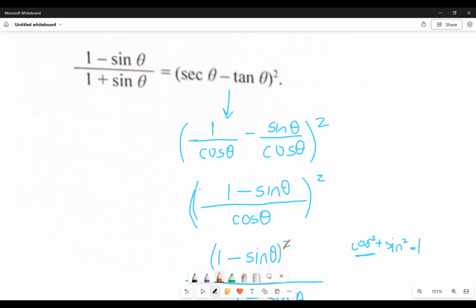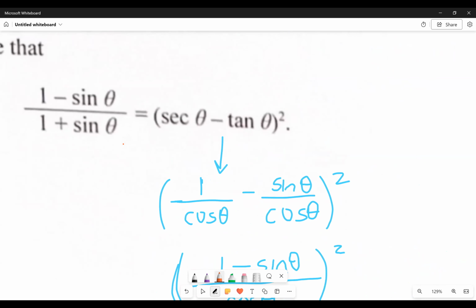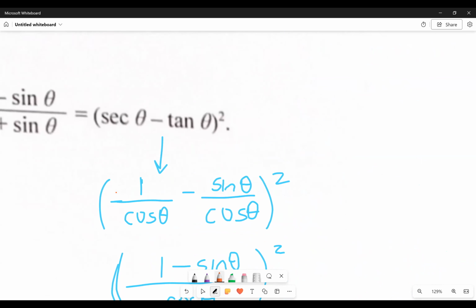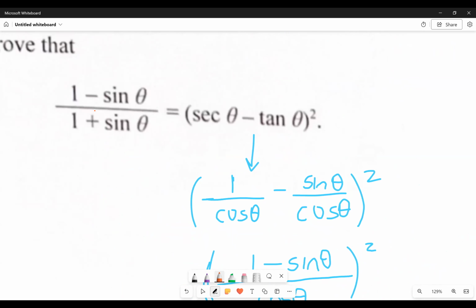Now I'm going to go over again and explain the thought process. The thought process is, we realize on the left-hand side, there is no secant, there's no tans, none of that. There's just sines. So we're going to change the right-hand side to be only sine and cosine. We realize that the left-hand side only has 1 fraction, not 2.